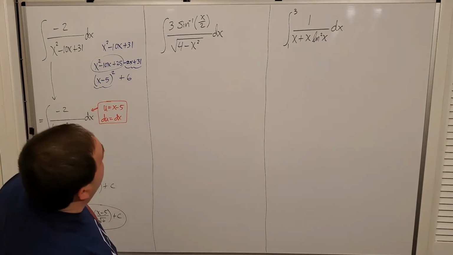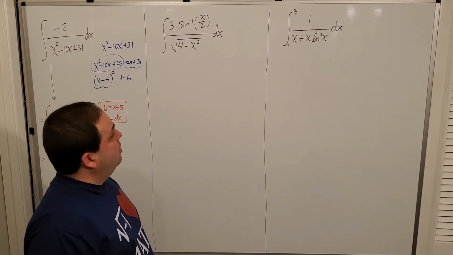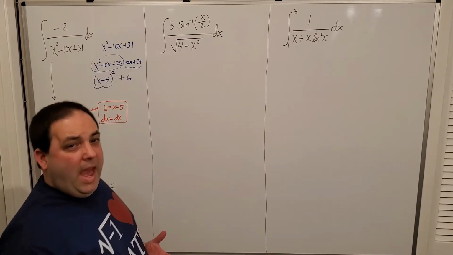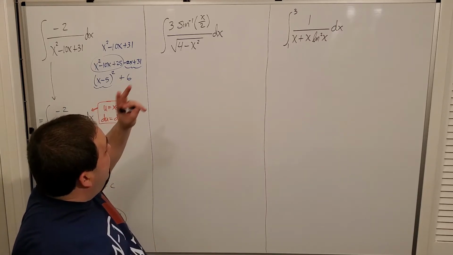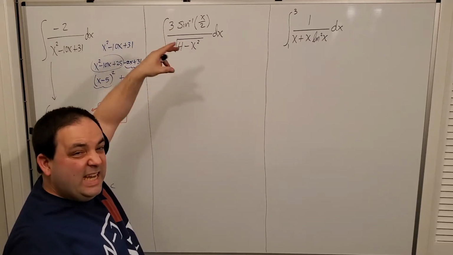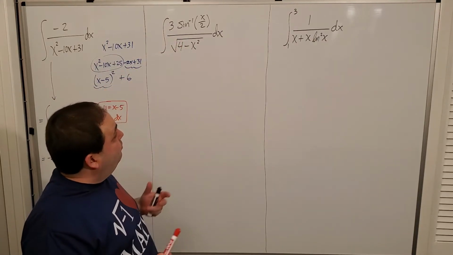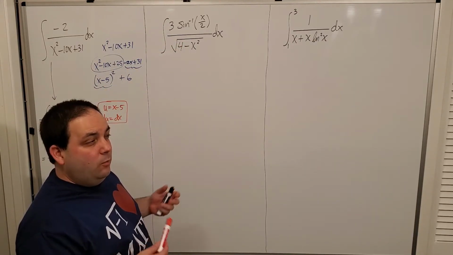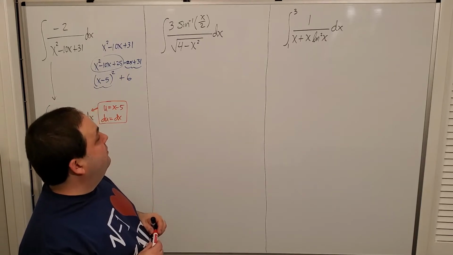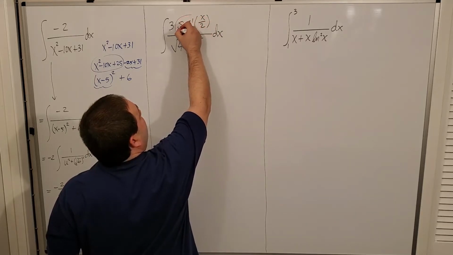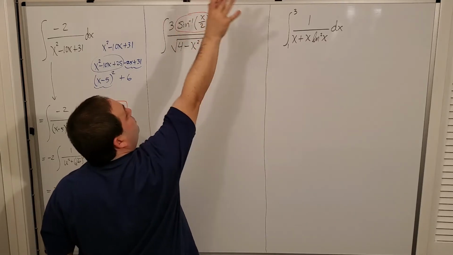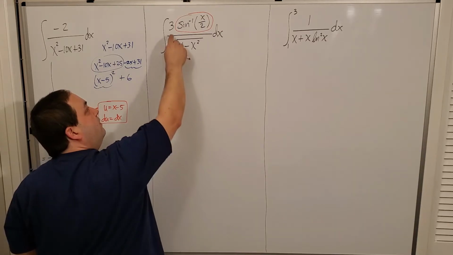Okay, next, another advanced looking structure, but take a step back. Remember, think outside of the box. If I see an arcsine in an integral, I can pretty much expect, well, wait a minute, we don't really talk about the antiderivatives of those. That's probably part of a substitution. So if I take this piece right here out, look at what I'm left with.